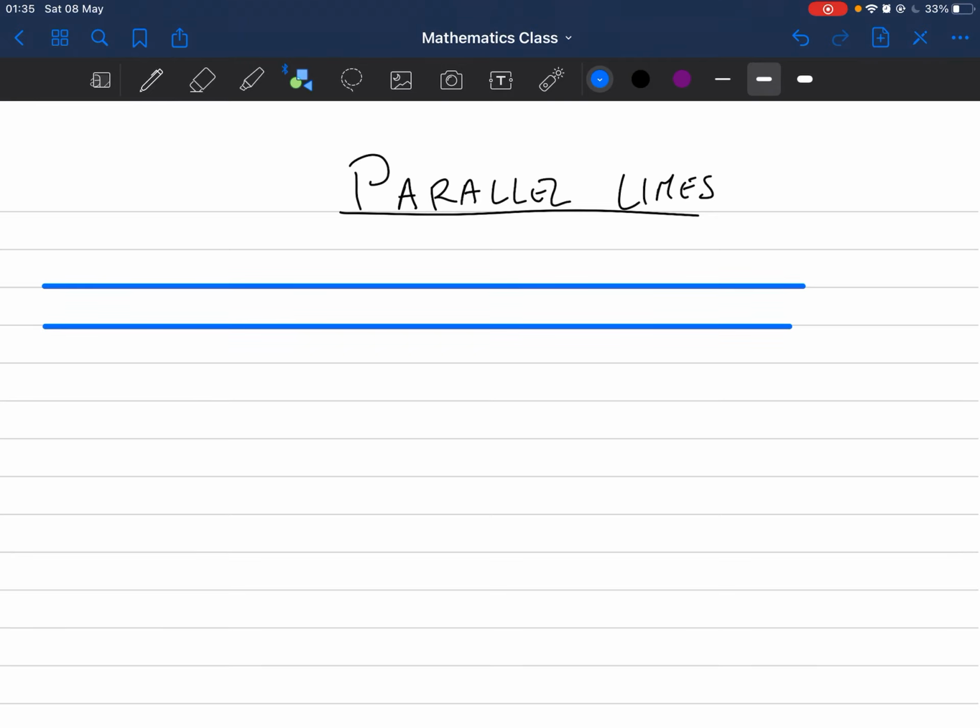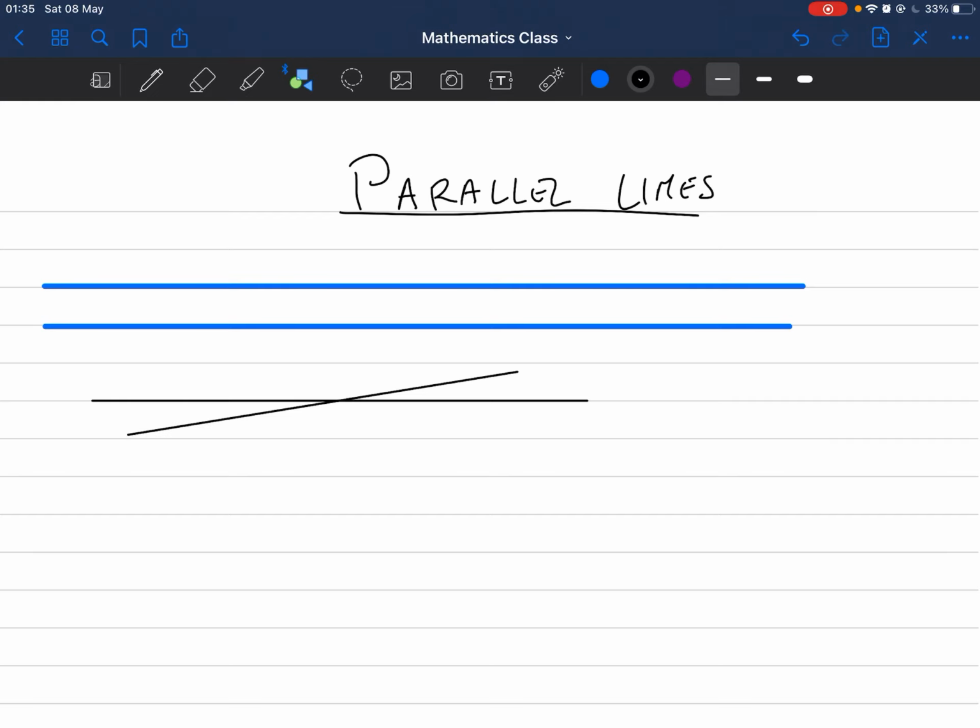So what does this really mean? It means that parallel lines, they don't touch, right? Parallel lines don't meet. Okay, that looks parallel.